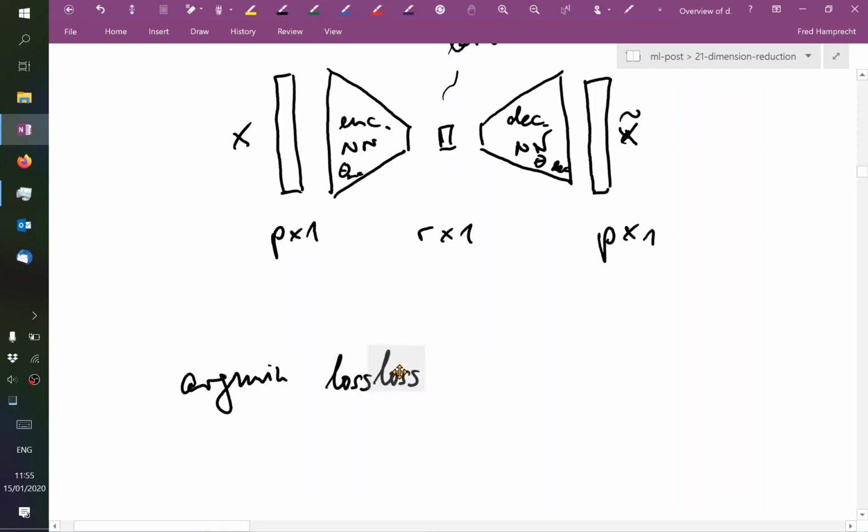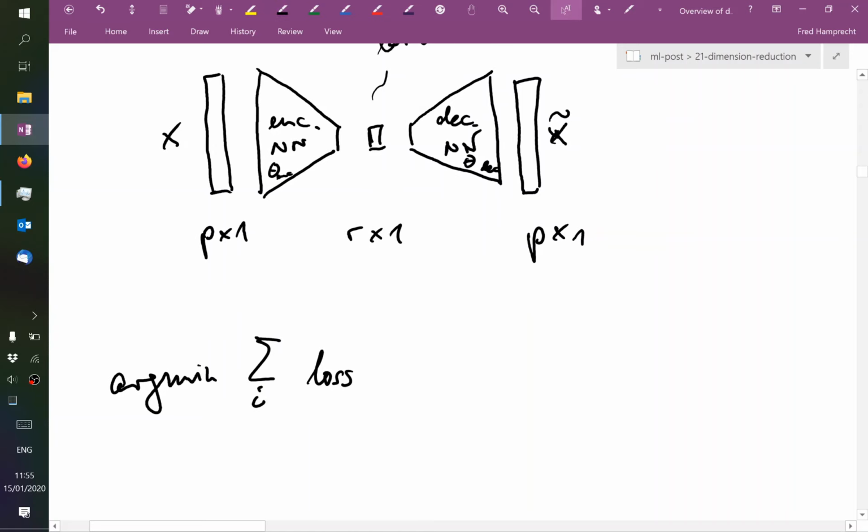And then for all observations i in our training set, we're going to try and minimize the loss or this dissimilarity between our original observation xi and our approximation xi tilde. And this approximation is obtained as follows.